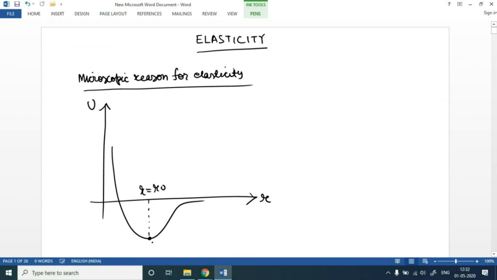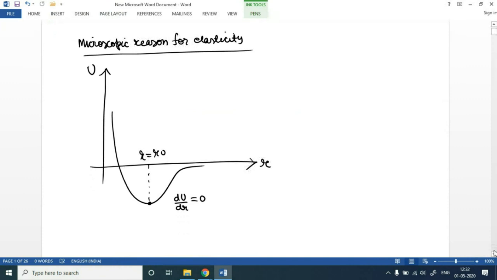Here du by dr is equal to 0, so that is an equilibrium position. And you must realize that this is a minima. That means d2u by dr square is a positive quantity, or you can say df by dr here would be a negative quantity. So this is a stable equilibrium.